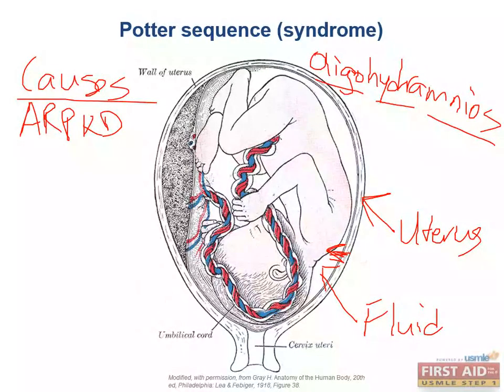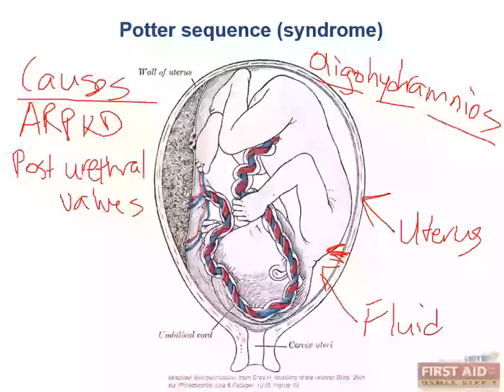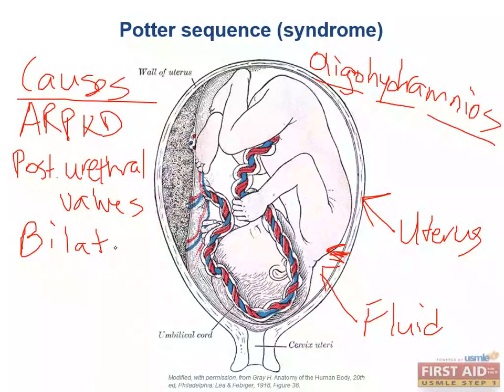Other causes can also include posterior urethral valves, which are abnormal membranes in the posterior urethra that prevent urine flow from the bladder. And finally, bilateral renal agenesis.